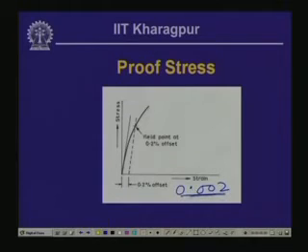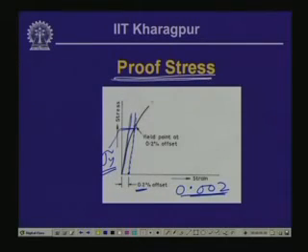Now, if we draw a tangent to the curve at this point, which we call the initial tangent, and draw a line parallel to this initial tangent at 0.2% strain, the point where it cuts the stress strain curve, the corresponding stress we call the yield stress, and this normally we designate as proof stress.